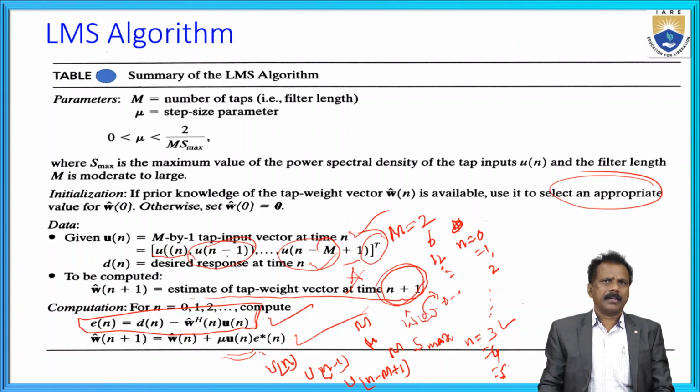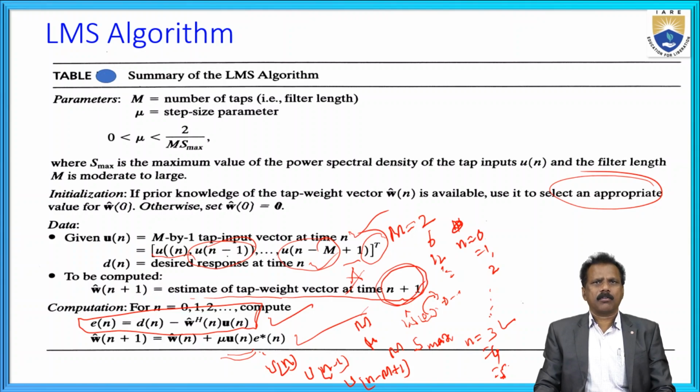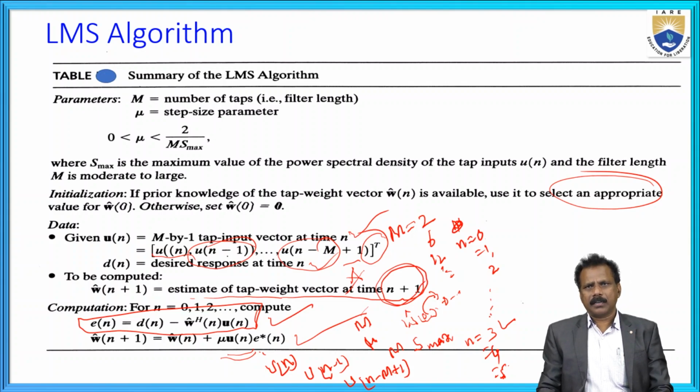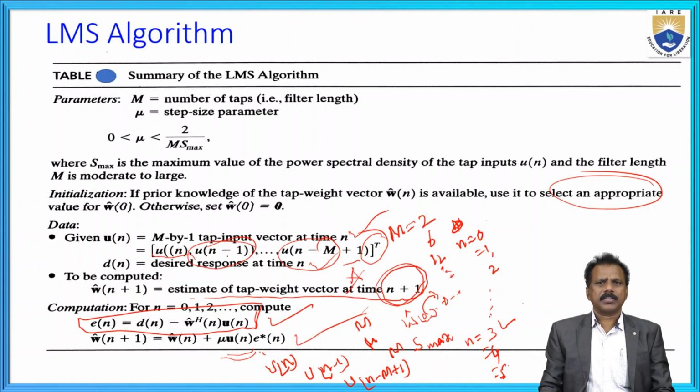Here 0 is less than or equal to mu, which is less than or equal to 2 by m times s maximum, where s maximum is the maximum value of the power spectral density of the tap inputs u of n, and the filter length m is moderate to large. After initialization, with data u of n minus 1, u of n minus m plus 1 and so on, finally we compute for n equal to 0, 1, 2, 3, 4 and so on.